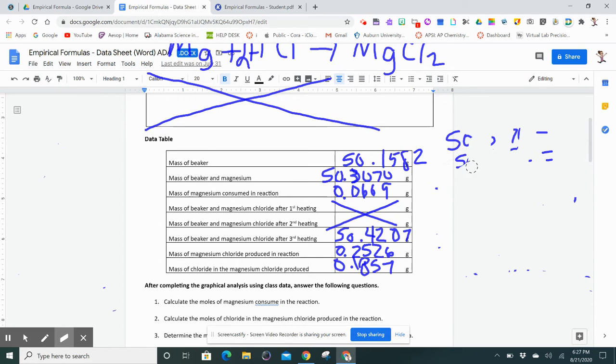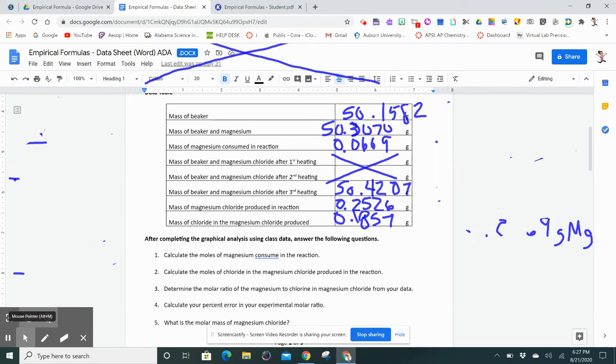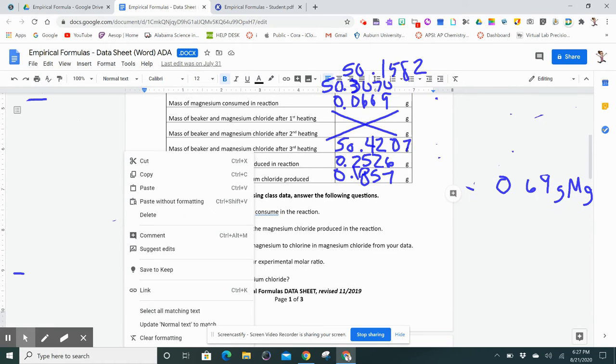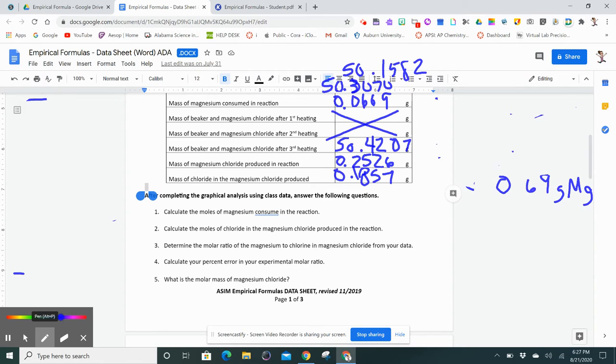Okay, so let's scroll this up. Finish erasing this first. All right, so the way we're going to find the moles of magnesium that was consumed is we're just going to take our grams of magnesium that was in the table, and divide it by the atomic mass of magnesium.